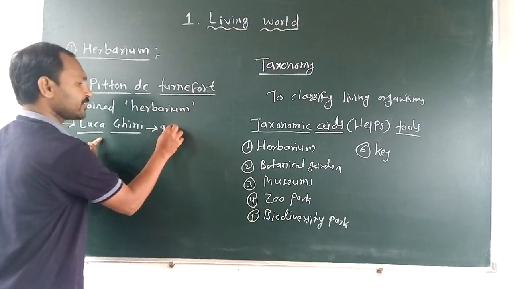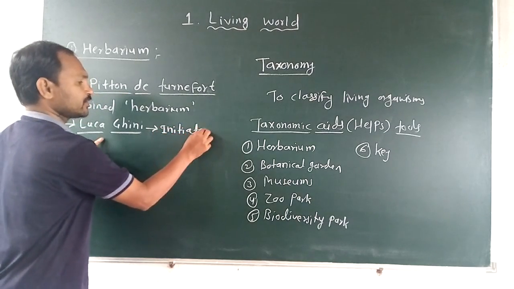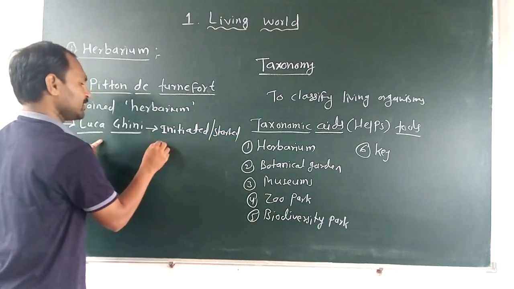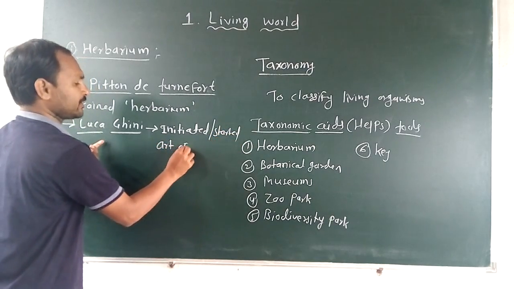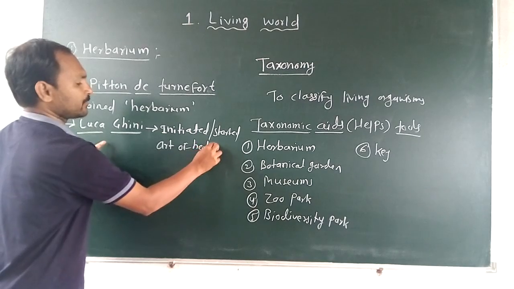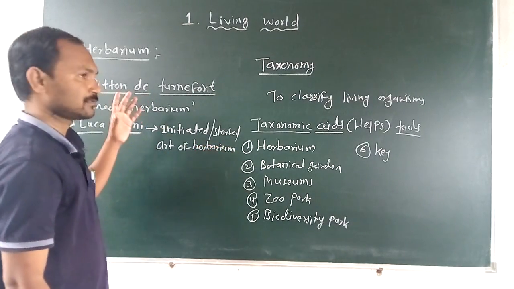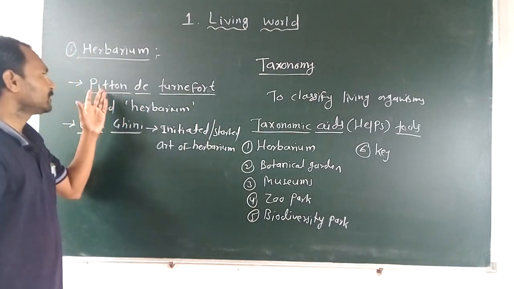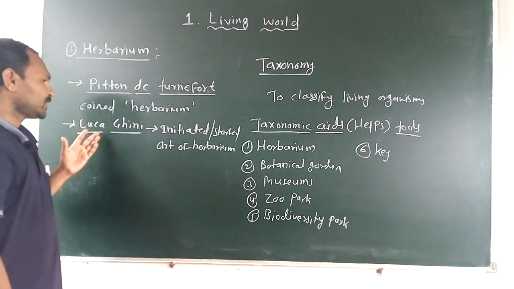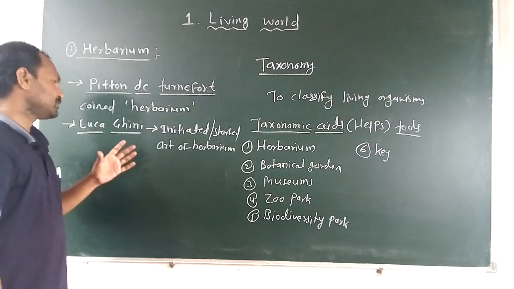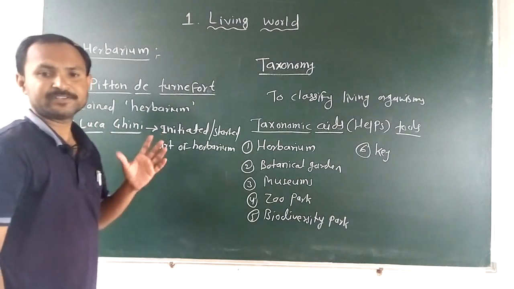Initiated means started. What did he start? The art of herbarium. That is the history of herbarium. Who first coined herbarium? Pinton D. Turnford. Who first initiated, meaning started, the art of herbarium making? Luca Guarini.